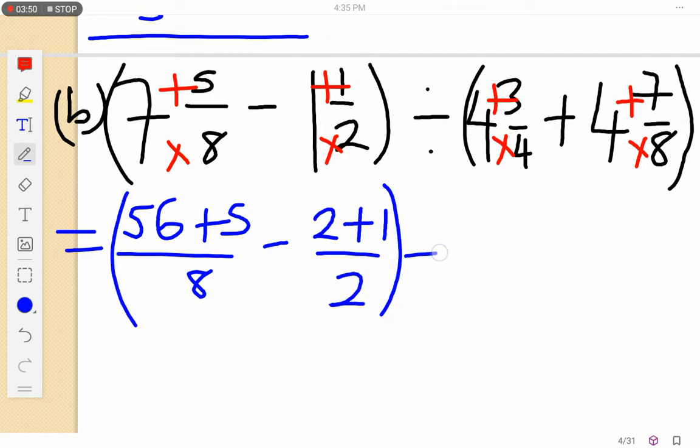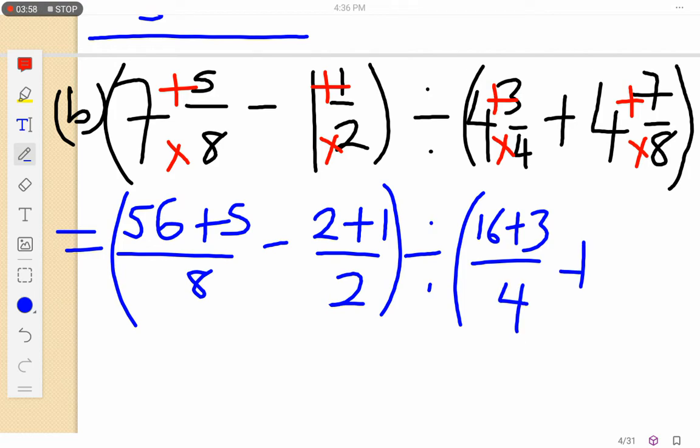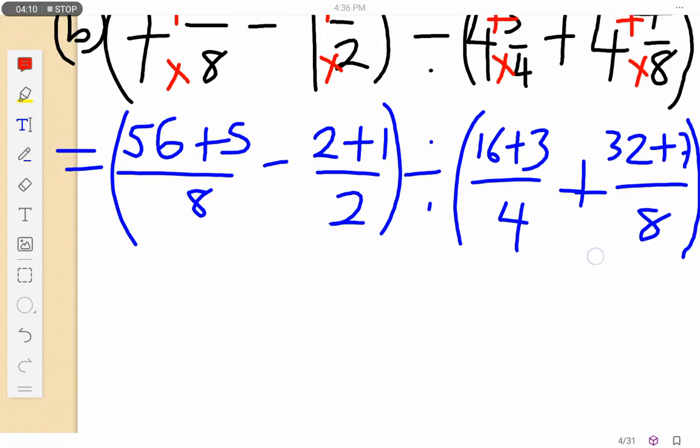That's the first part, divided by 4 times 4, that's 16 plus 3 over 4 plus 8 times 4, we get 32, 32 plus 7 over 8 there. Okay, like that.